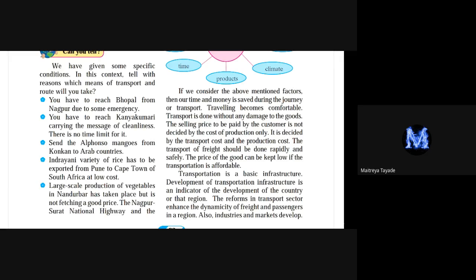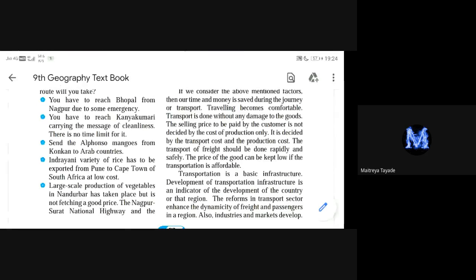The selling price to be paid by the customer is not decided by the cost of production only. It is decided by the transport cost and the production cost. So basically, when you buy something, let's take the example of toothpaste. The cost of the toothpaste does not depend only on the production cost in the factories.